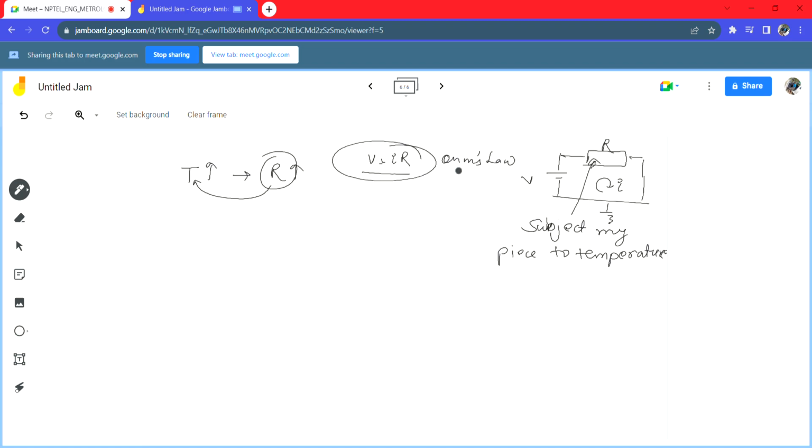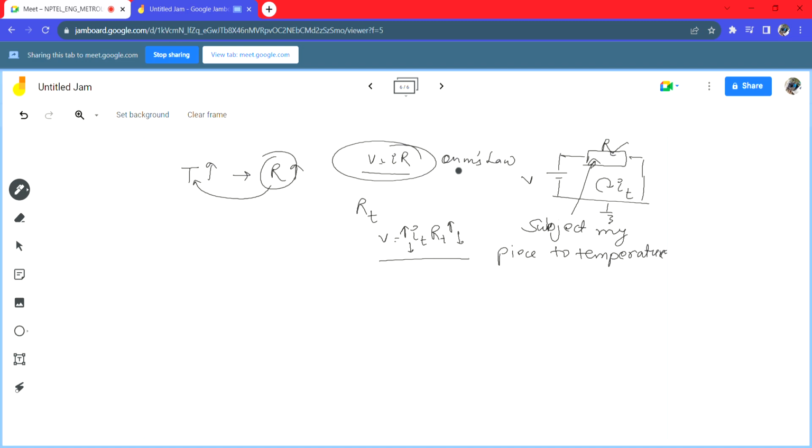Now say after applying the temperature T onto this piece, the resistance changed to RT, and because there is a fixed voltage here, the current would change to IT. So we would get the relation V equals IT RT. This resistance will change, increase or decrease, and depending on this, the current I will also keep on increasing or decreasing in a similar fashion.